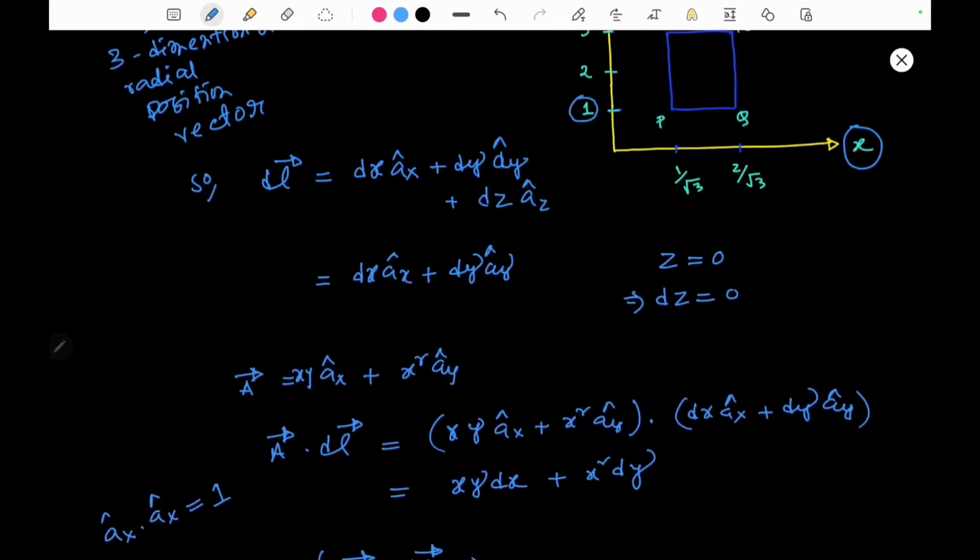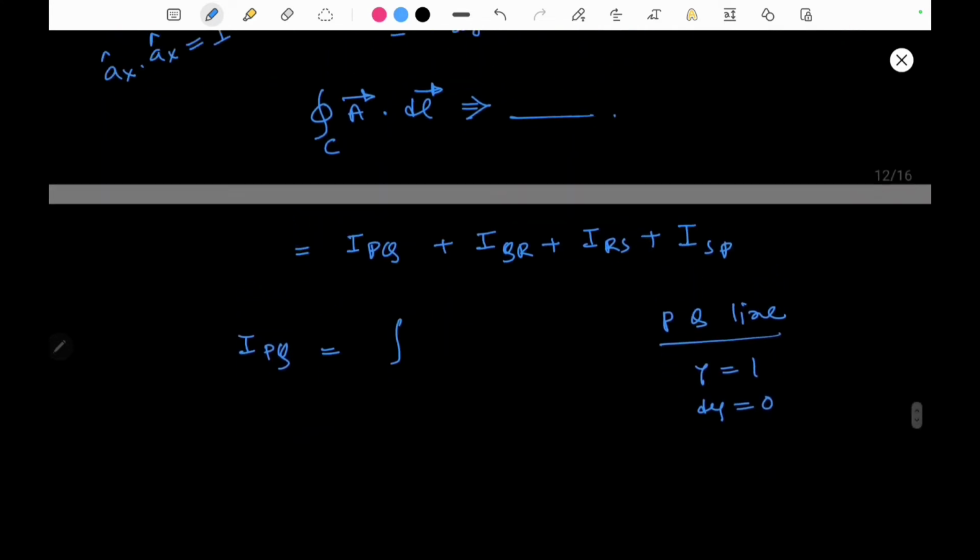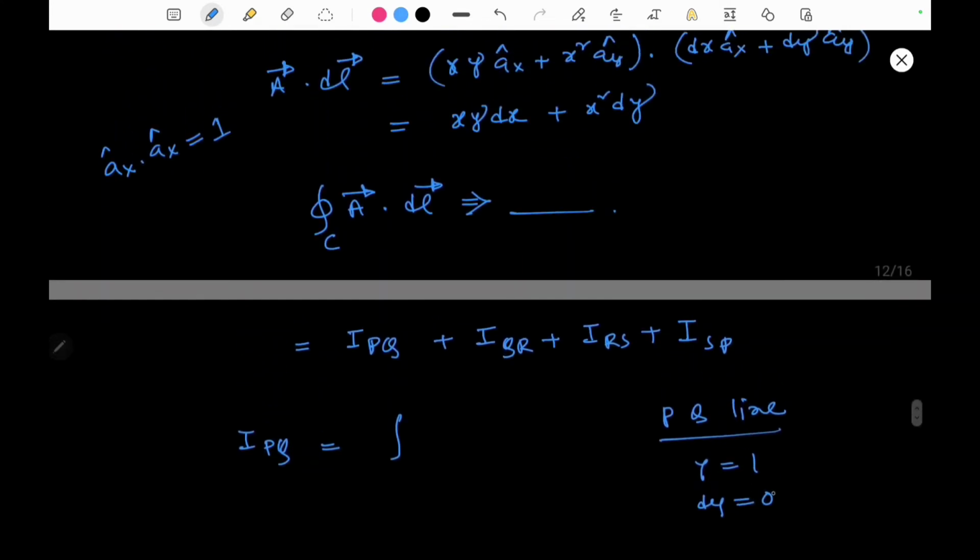This is y and y's value is 1. So dy equal to 0.